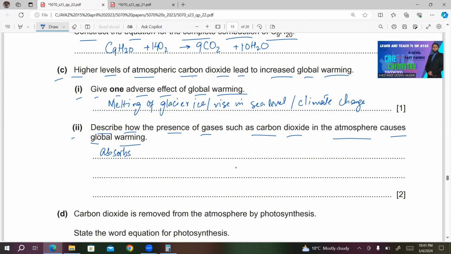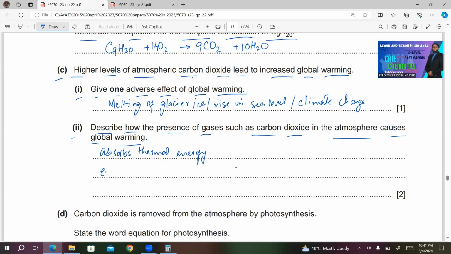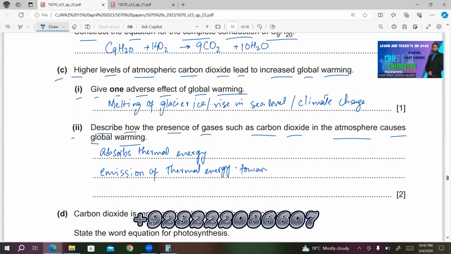Absorbs thermal energy, reflects or emits thermal energy towards the earth.